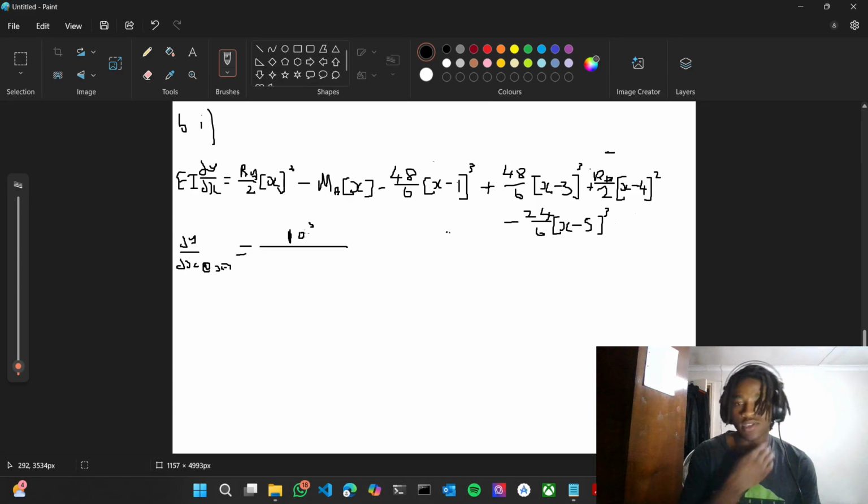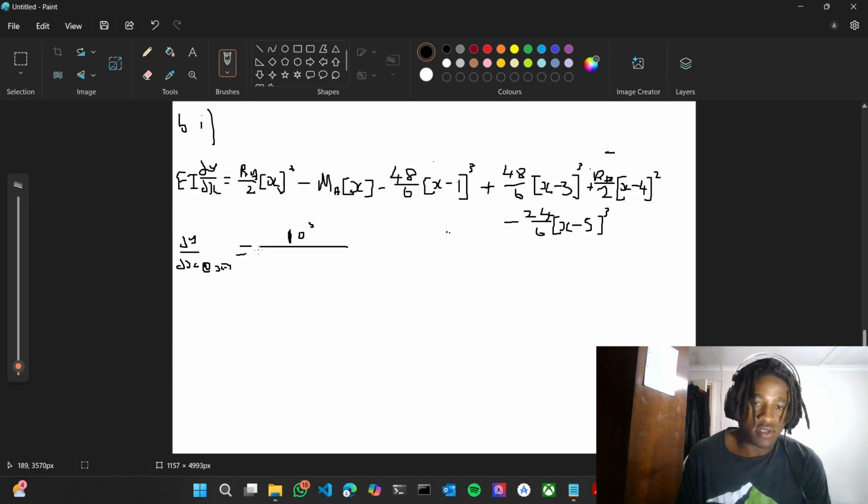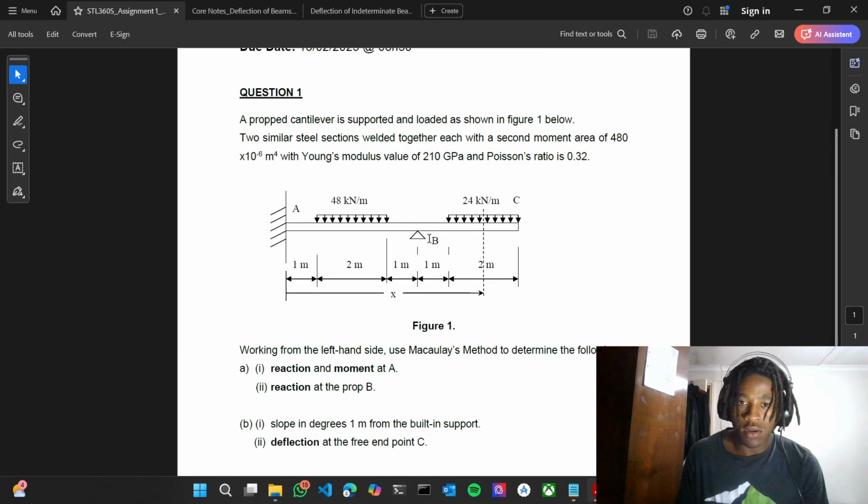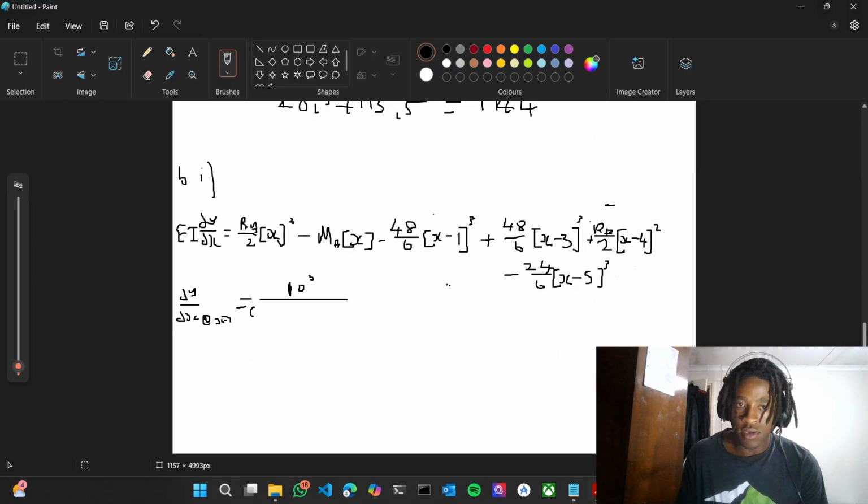It's just something you see in the text, so just stick to that. Then at the bottom here we have EI, because we divided the entire equation by that, and E is equal to 210 gigapascals.